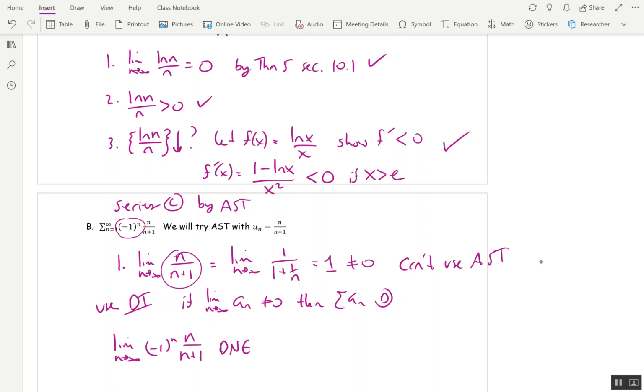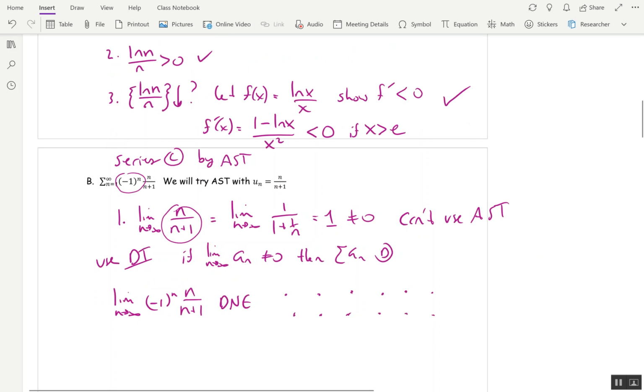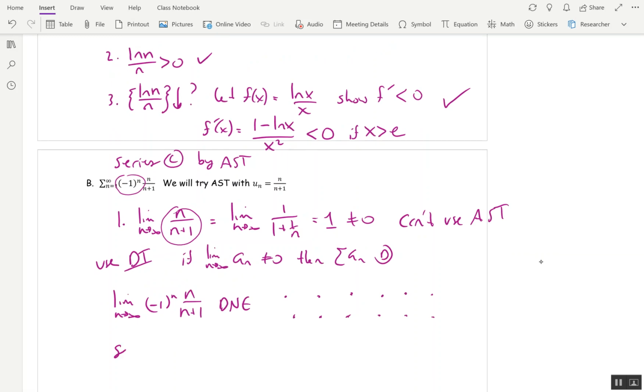So with the negative 1 to the n, those terms are going to go bopping back and forth between positive 1 and negative 1. Half the time there'll be 1, half the time there'll be negative 1. And so that sequence does not have a limit because it needs to zero in on one single number. Thus, we can conclude that the original series diverges by the DT.